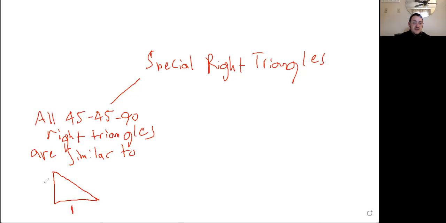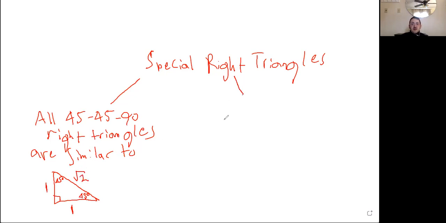So for instance, if I have legs that have a measurement of 1, and here's my 45, 45, 90 for my angles, then the hypotenuse would be square root of 2.